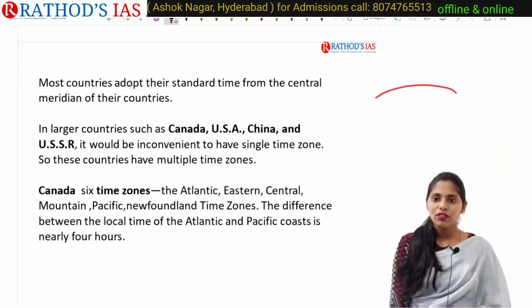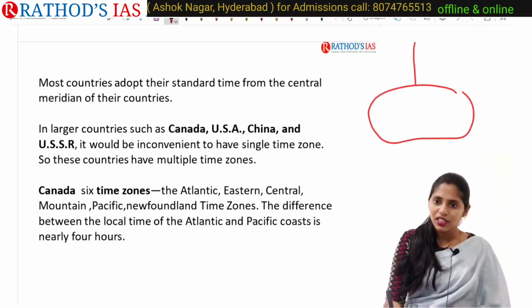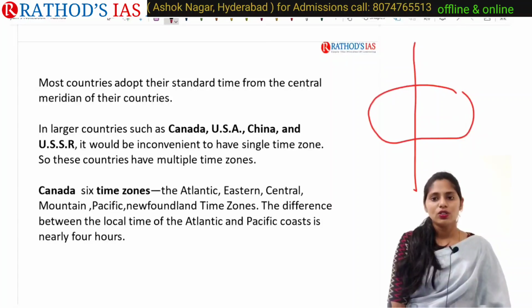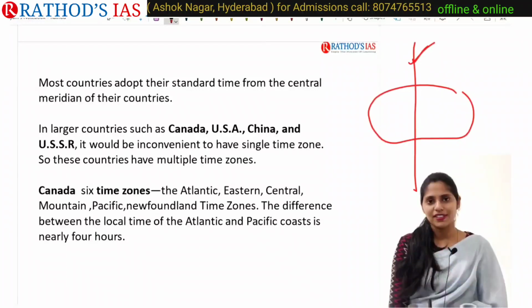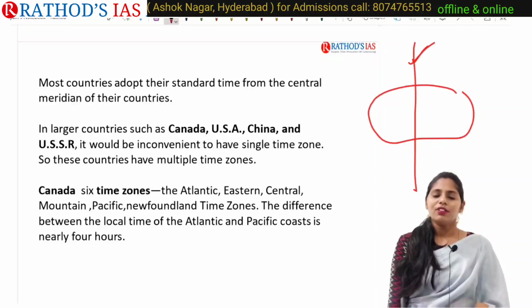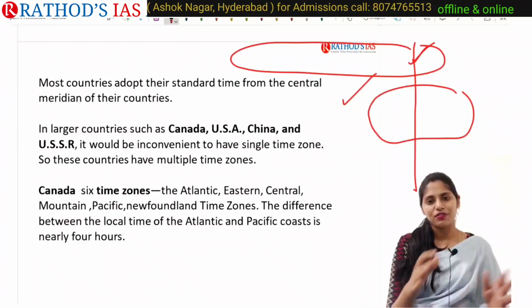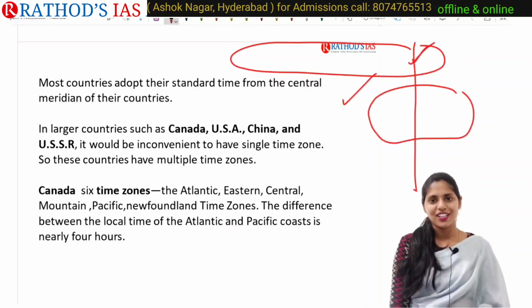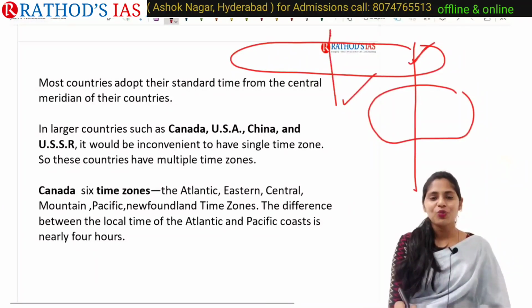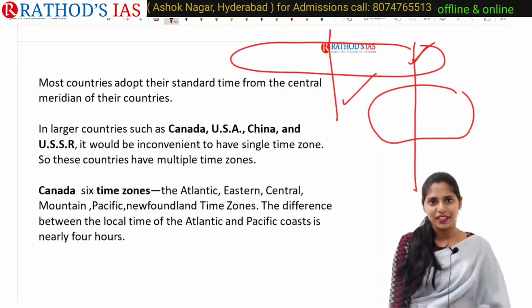If you see, this is the country and this is the central meridian, the central longitude. This time they will follow, so this is the standard time of that country. But there is also one problem here. Some countries have a large expansion from east to west, so in that country they can't go for only one standard meridian.